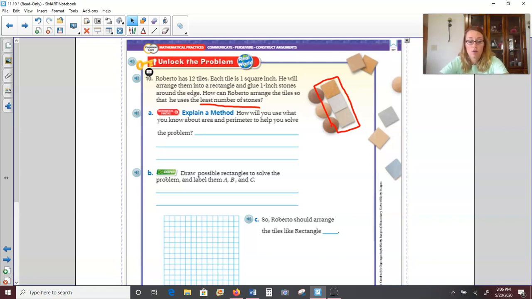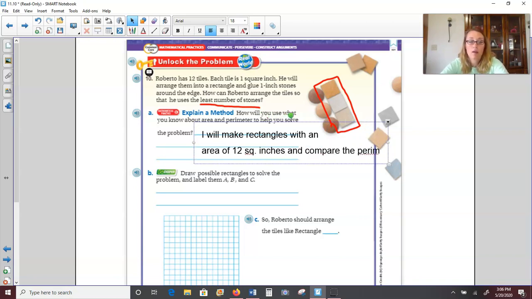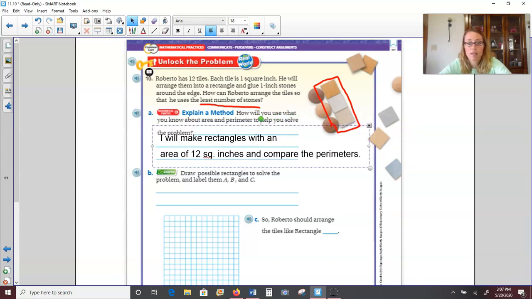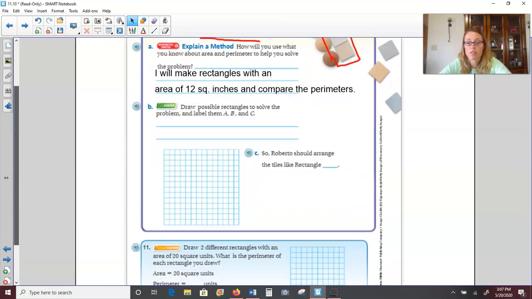Okay, so we could say I will make rectangles with an area of 12 square inches, and compare the perimeters. We'll compare the perimeters here and see which one yields the shortest perimeter.